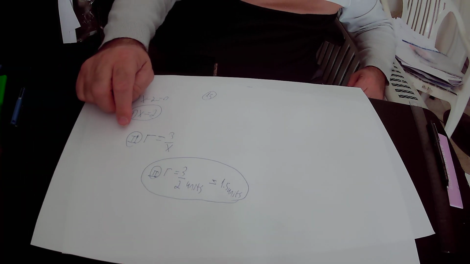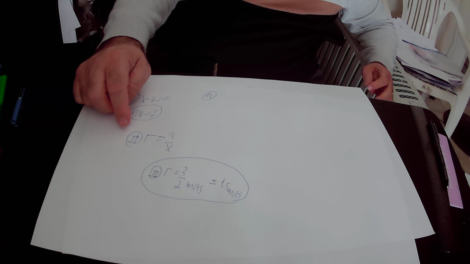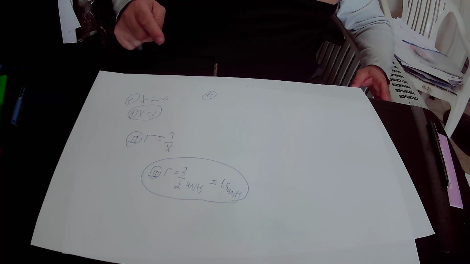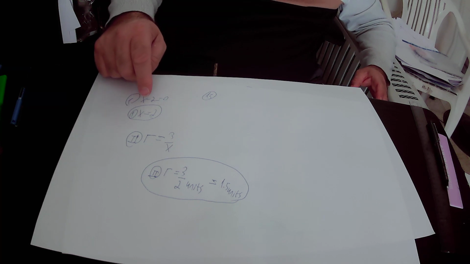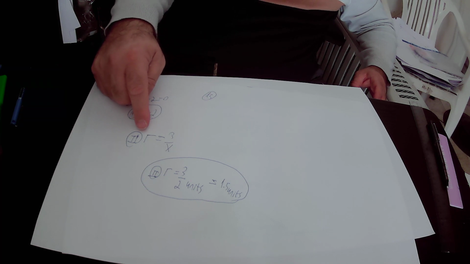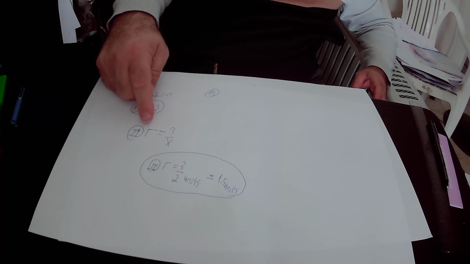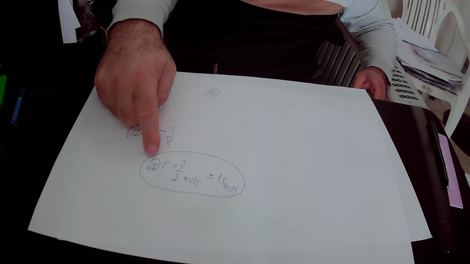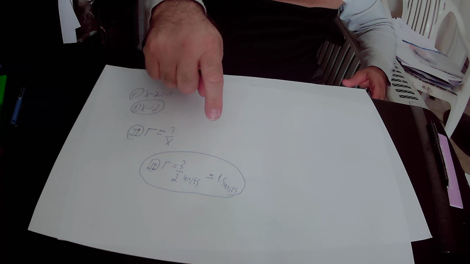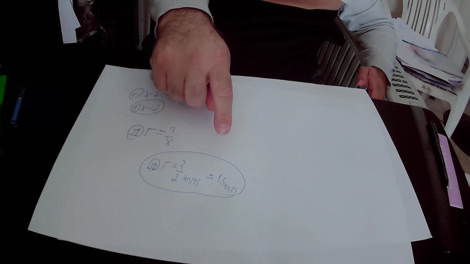And we have already found that according to equation number 2, the radius of the semicircle equals 3 over x. So we can put x equals 2 inside this equation number 2, and we got that the radius of the semicircle equals 3 over 2 units, or it can also be represented as 1.5 units.